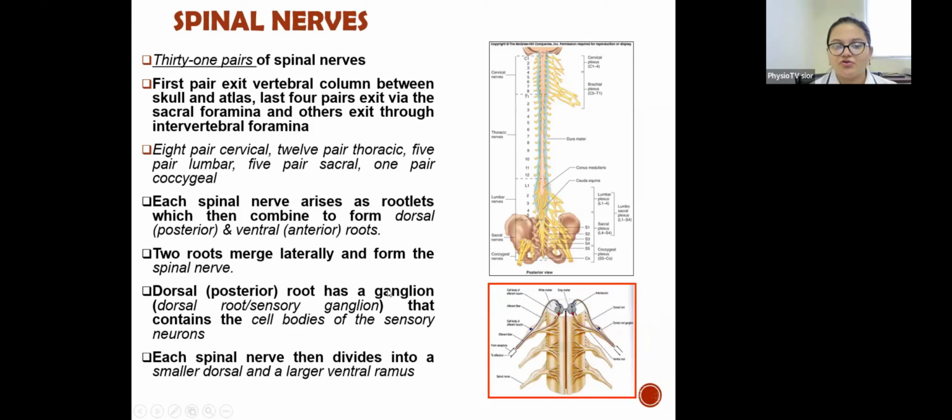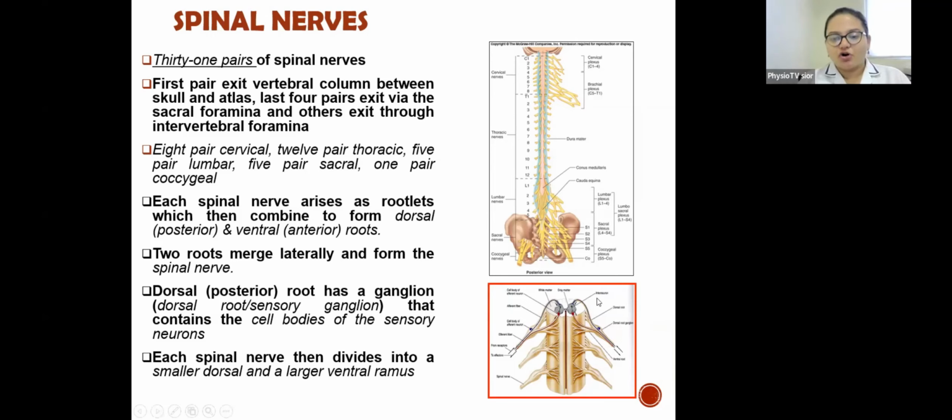The dorsal root also has a ganglion that contains the cell bodies of the sensory neurons. Each spinal nerve then divides into a smaller dorsal and a larger ventral ramus. We already talked about nerve cell groups in the dorsal horns, which are concerned with sensory function.